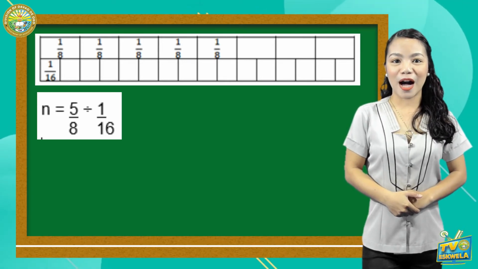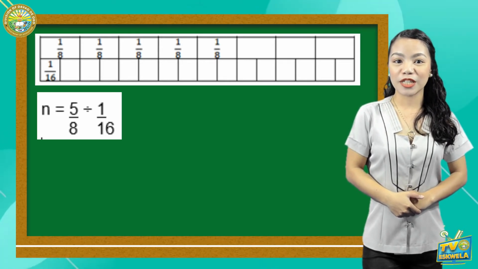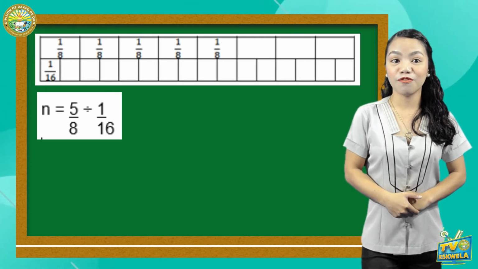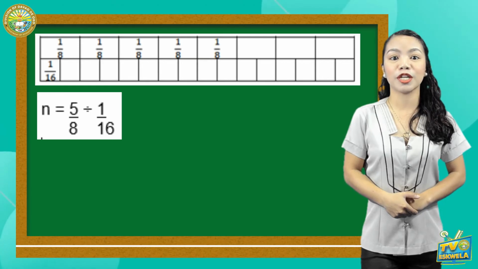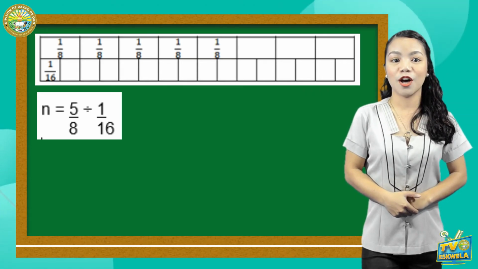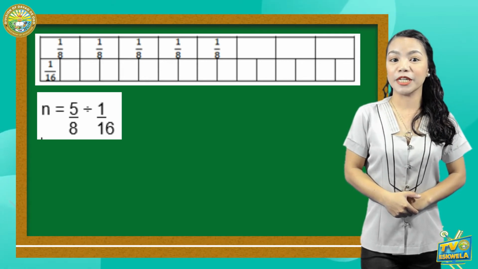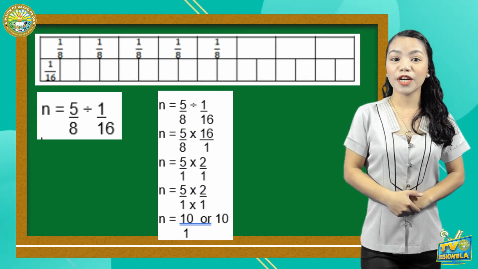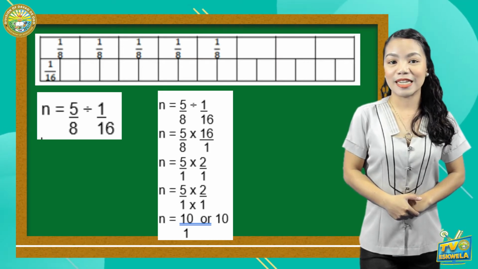In order to find its quotient, we change the operation to multiplication and then inverse the multiplier into its reciprocal fraction. You shall now have the number sentence n equals 5 over 8 times 16 over 1.